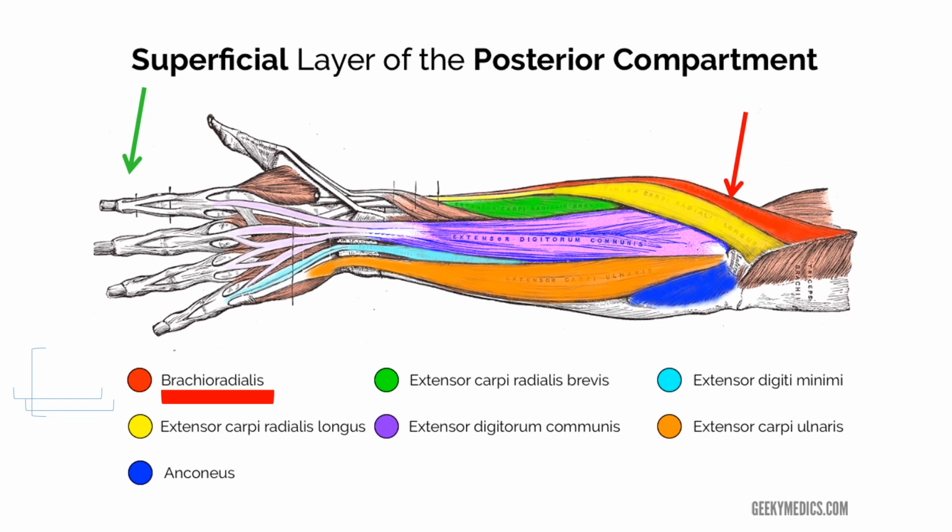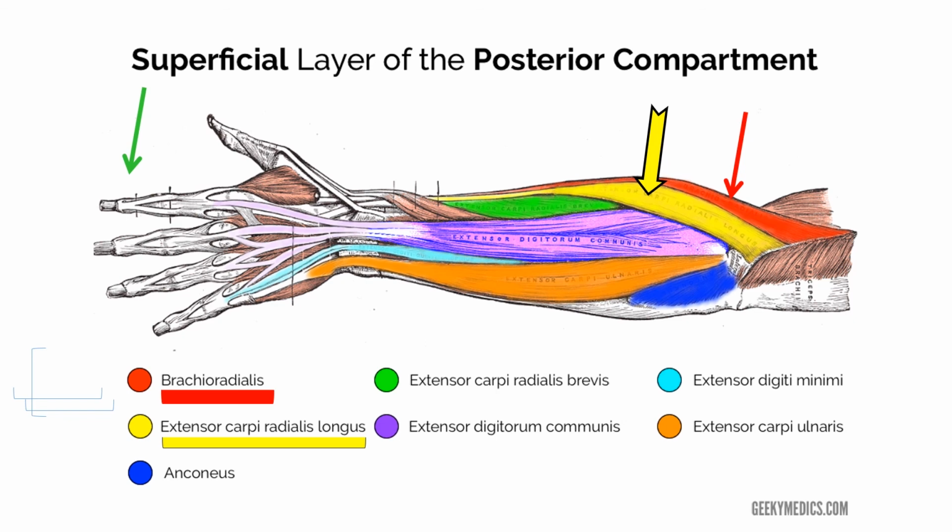Now, if we go distally, we will find this muscle. This muscle is the extensor carpi radialis longus. It is more distal to the brachioradialis, and as its name indicates, it is an extensor of the wrist joint on the radial side, and it is a long muscle.